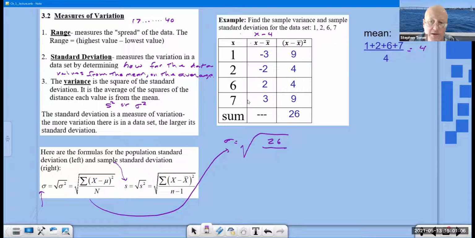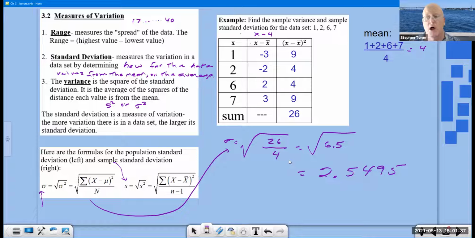Well, I had 4 data values, so I'm going to divide that by 4, and that will give me the square root of 6.5, because 26 divided by 4 is 6.5. And if you take your calculator and you say, I want to find the square root of 6.5, which I'm doing right now, you're going to end up getting 2.5495.